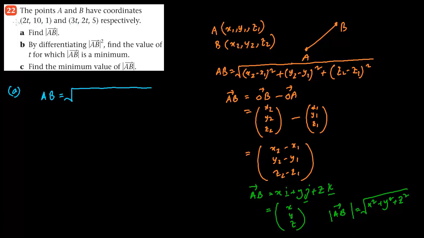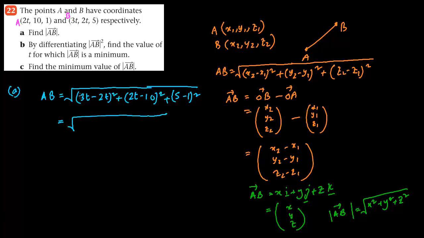So the difference is going to be, remember, this one is A, this one is B. So we can write the difference of x, 3t minus 2t whole squared, the difference of y, 2t minus 10 whole squared, the difference of z, 5 minus 1 whole squared. So this turns out to be 3t minus 2t is t, so t squared plus 2t minus 10, which is a minus b whole squared, so this is going to be a squared.